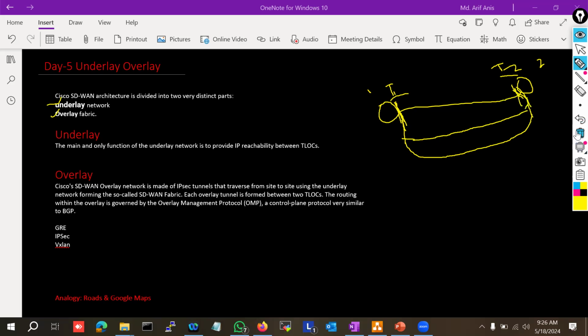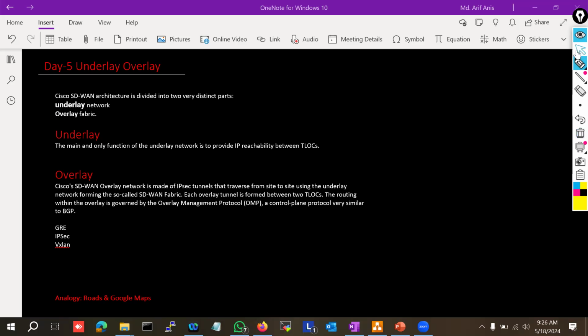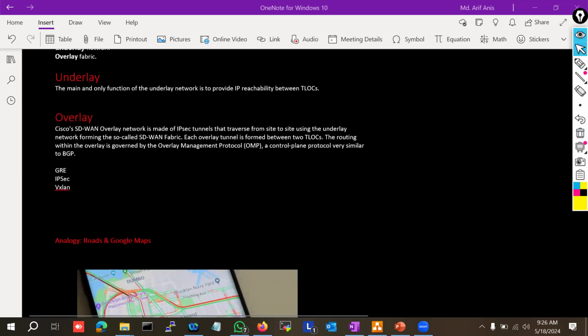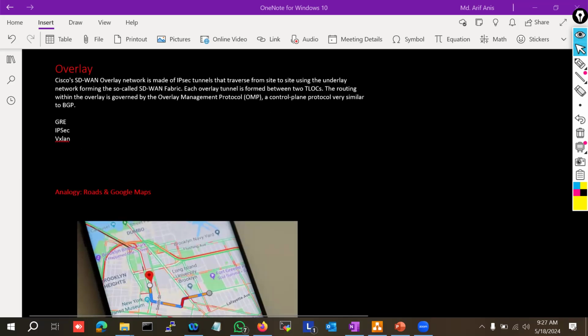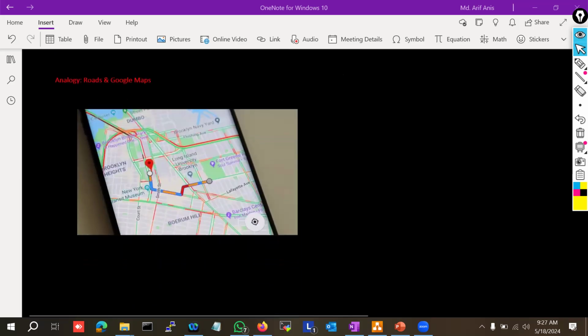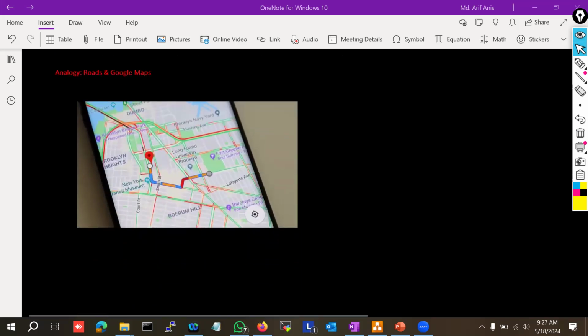So let's discuss a practical analogy. There are multiple overlay technologies we will discuss. So let's come to this analogy: roads and Google Maps. This is the Google Maps you can see. Roads and highways are the underlay.